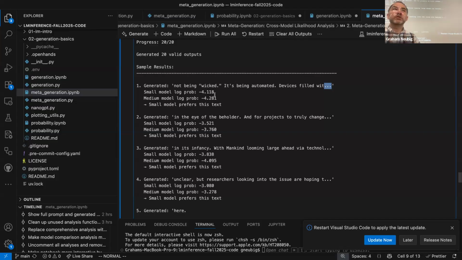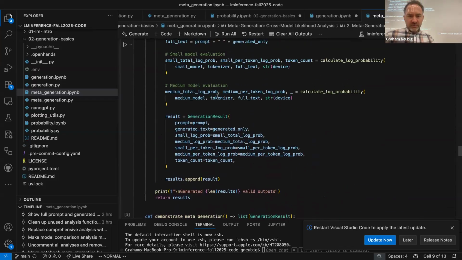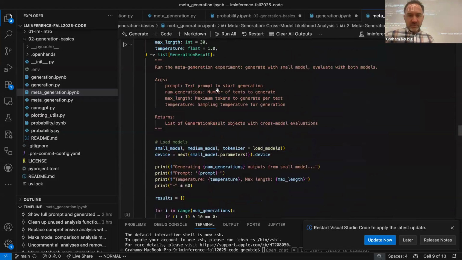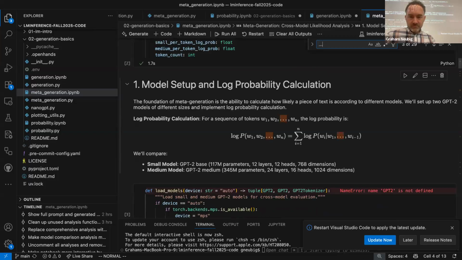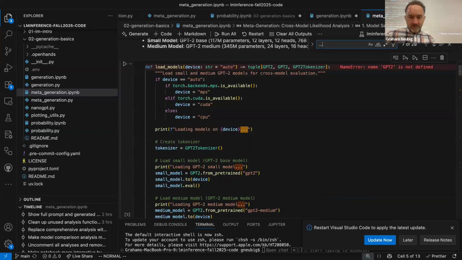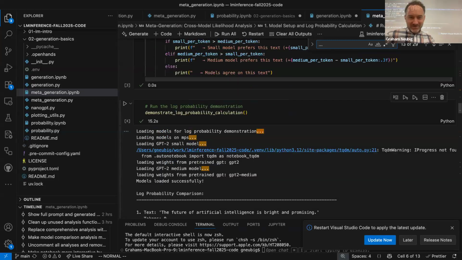This is the per token log probability. The reason why I did the per token log probability is that it makes it easier to compare longer and shorter things on the same footing. Let me see if I can stop this dot to dot stuff. Too many dots.